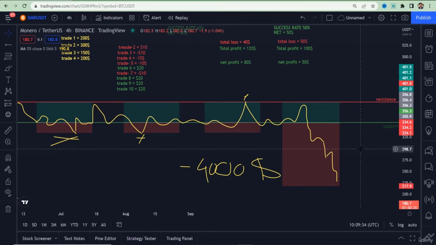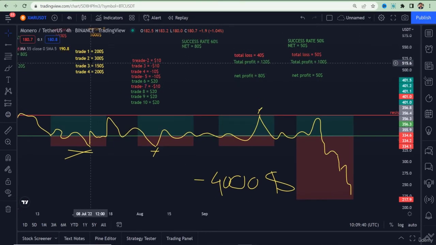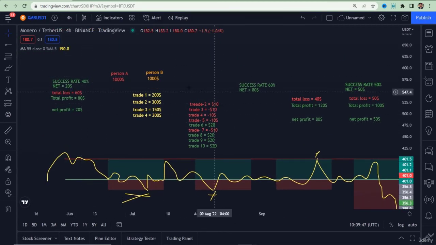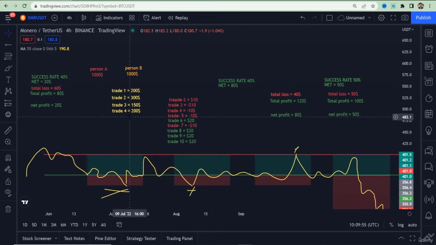Even if he had a developed strategy, he would be at the mercy of that strategy. If that strategy fails, for example, if he did that same 10 trades and lost 60%, with a success rate of 40% and 60%. Right now here you can see he had a success rate of almost 90%.